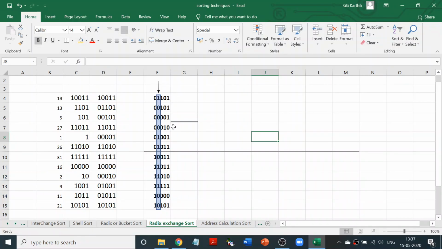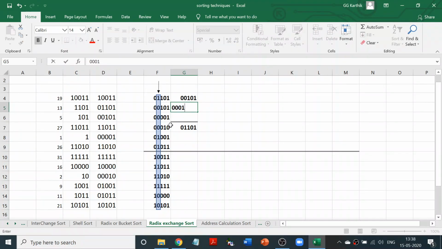This is starting with 1, and the second digit is 1, so this number goes below the line: 0, 1, 1, 0, 1. This number's second digit is 0, so it goes above the line: 0, 0, 1, 0, 1. This is again 0, so 0, 0, 0, 1.